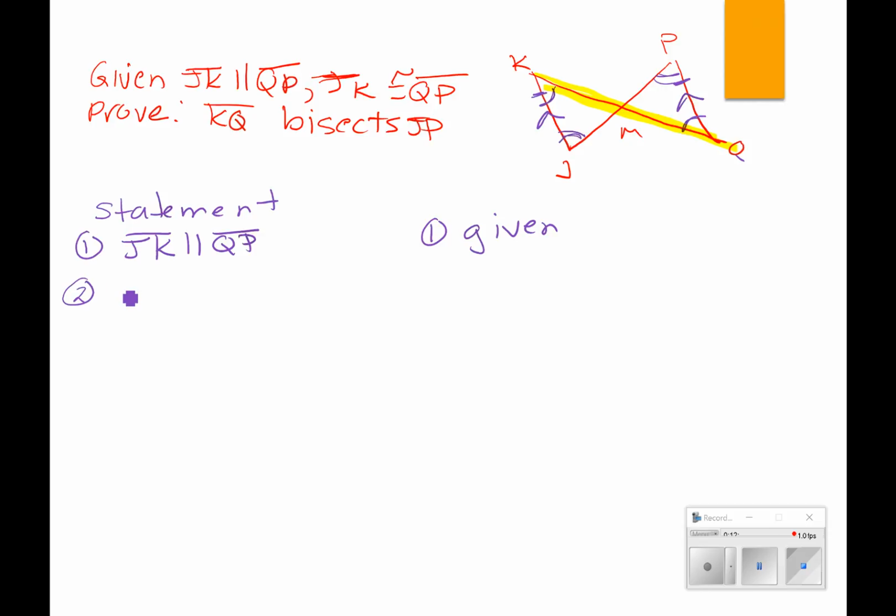So angle K is congruent to angle Q, and angle J is congruent to angle P, by the alternate interior angle theorem.